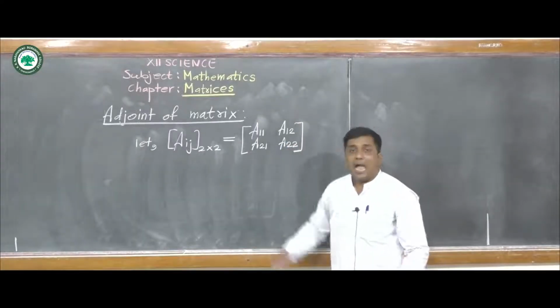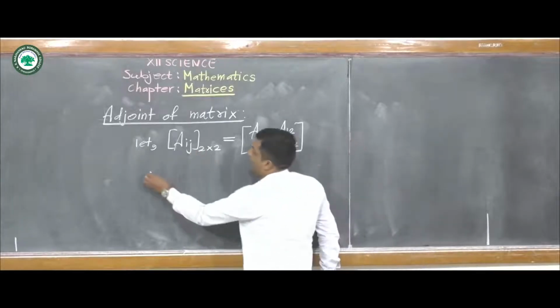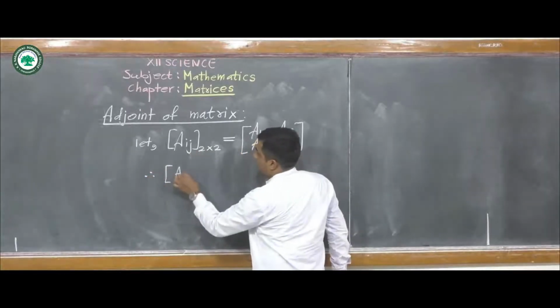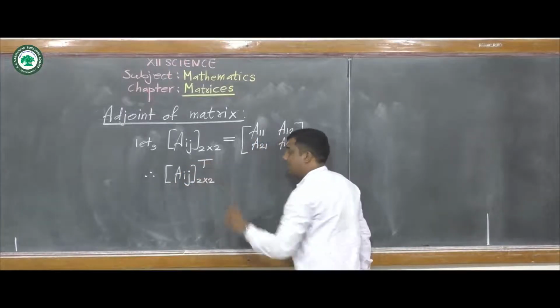To find the adjoint we consider the transpose of this matrix. Therefore the transpose of this matrix is denoted by Aij raised to t.